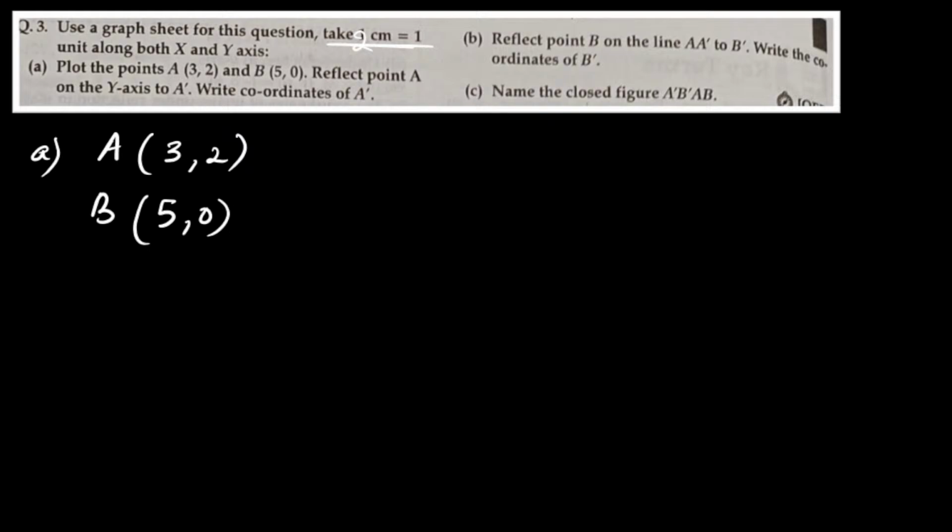First of all, let's plot the points. Point A is 3 comma 2. On the x-axis we locate 3 and go vertically up till 2. Here we get point A, 3 comma 2. Next point is point B, 5 comma 0. Again it will be along the x-axis, so I'm just extending my line.